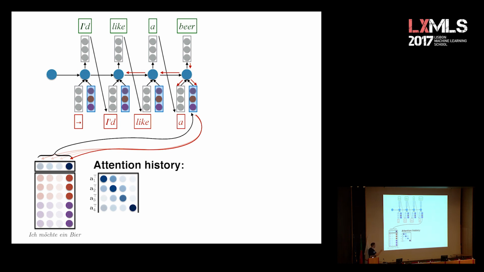The first thing we're going to do is weight the columns of this matrix by the current values of the attention. And so we get something that looks like this. Most of the attention is focused on the single word beer.